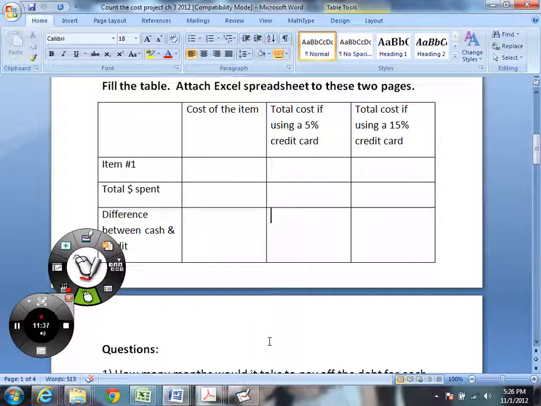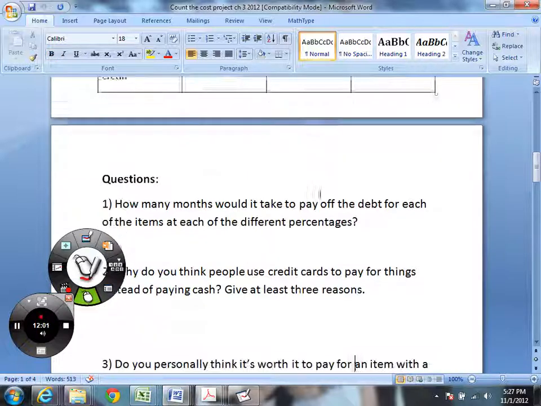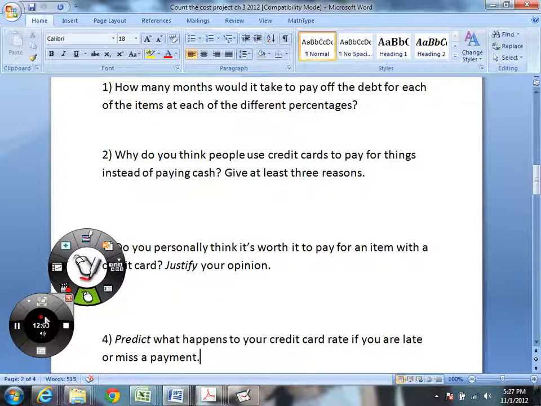And then you'll put the difference right here. But total money spent, actually, you know what? I don't need 4 spots here, I only need 2. So just so you know, total money just in those 2 spots, and then this is how much the item costs. So I really don't need 2 different rows, so sorry about that. And good, and then you can answer these questions, and that should cover it.